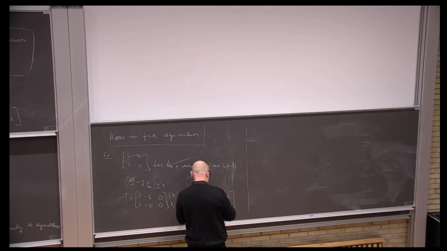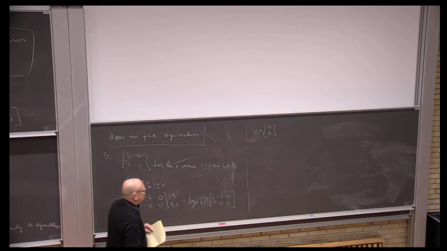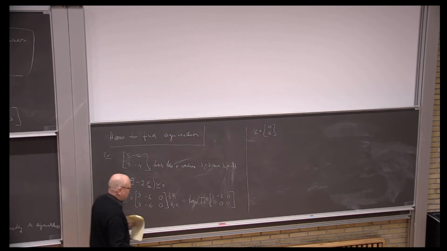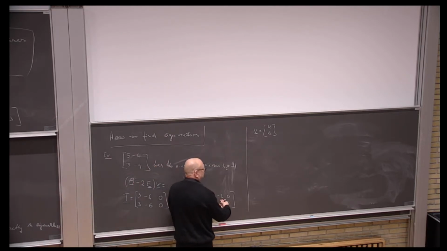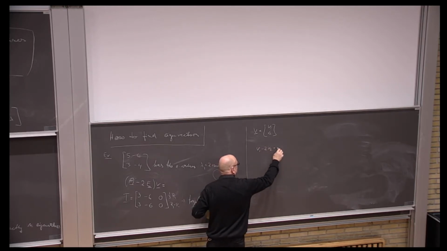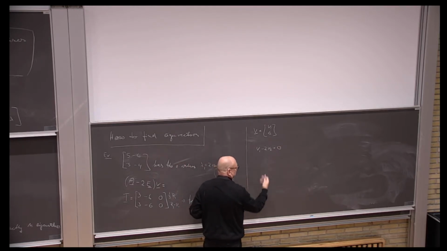If I call my vector v, with components v1, v2, then the first equation gives me v1 minus 2 v2 is equal to 0, and the second equation gives me nothing.